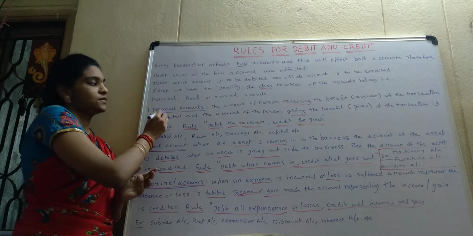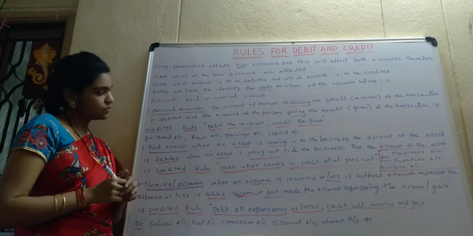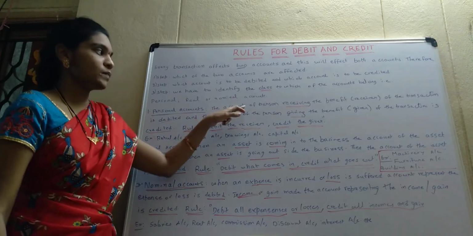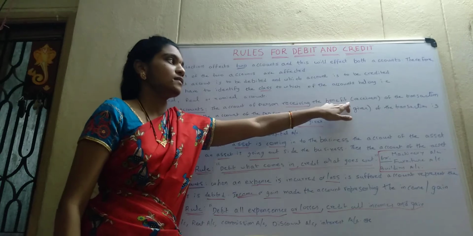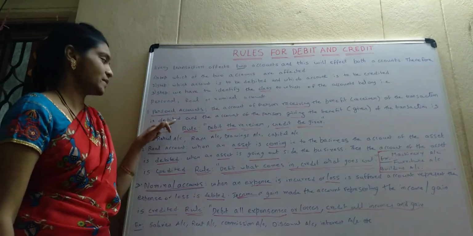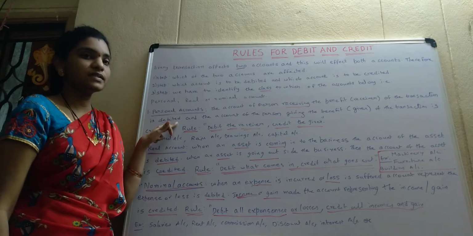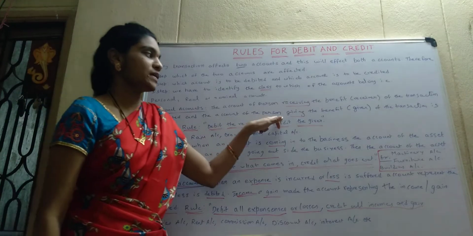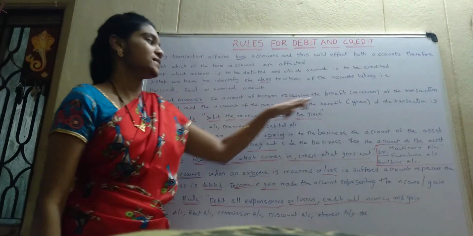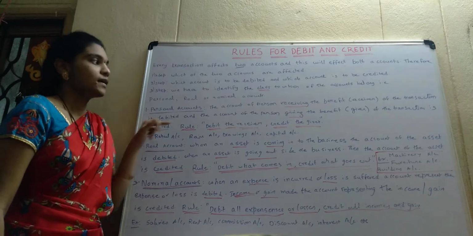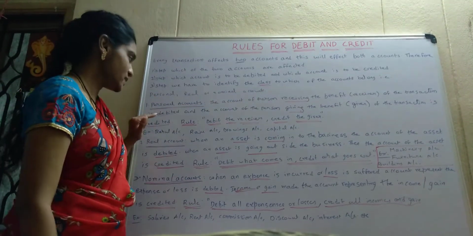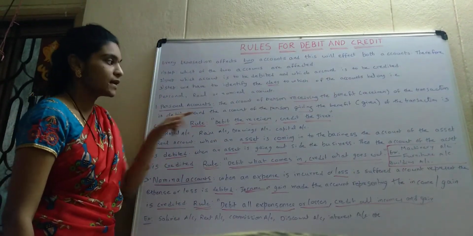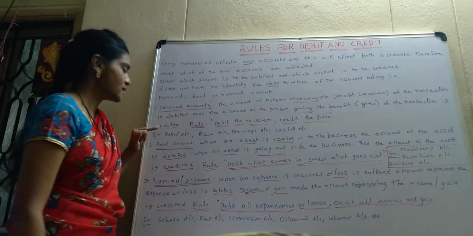First, we go to the personal account. Personal account means the account of a person. The account of the person receiving the benefit of the transaction is debited, and the account of the person giving the benefit is credited.